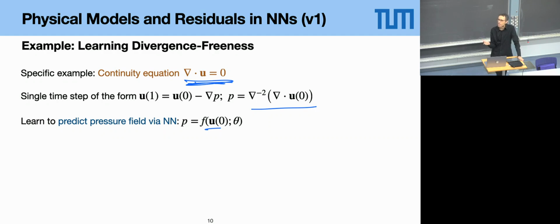Yes? Here, this now there's a -2. This is basically the inverse of the Laplace operator. So nabla squared. If you invert it, it's actually typically not directly invertible, but in practice, that is what these Helmholtz-Hodge solvers actually do compute numerically.